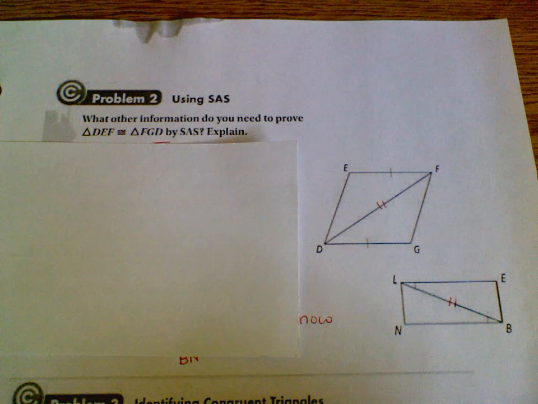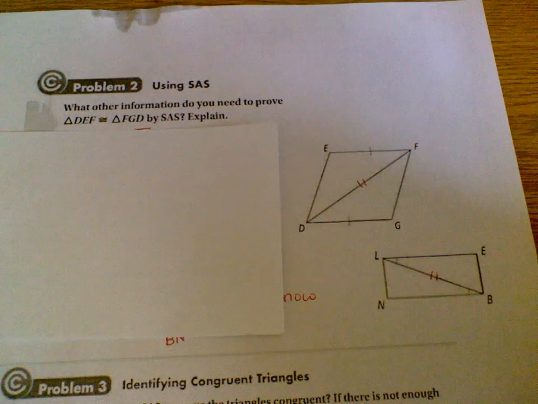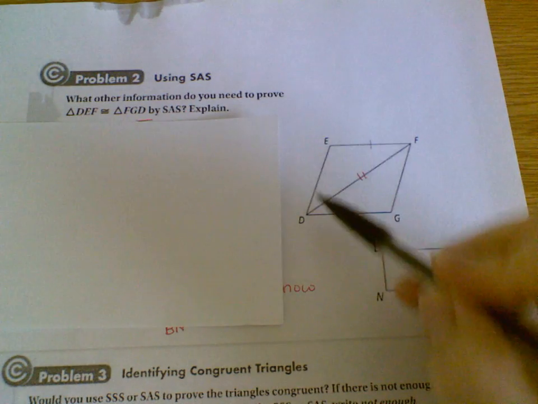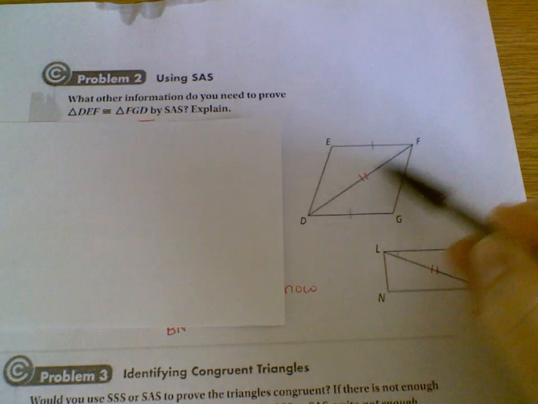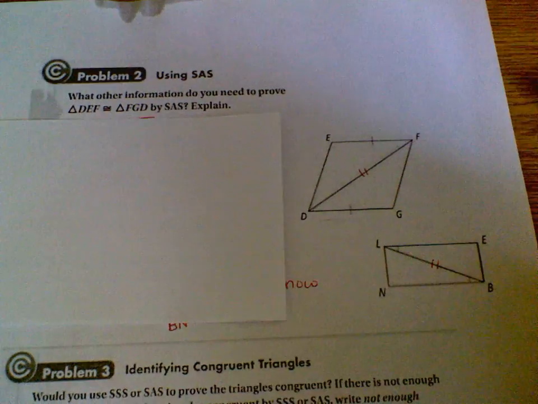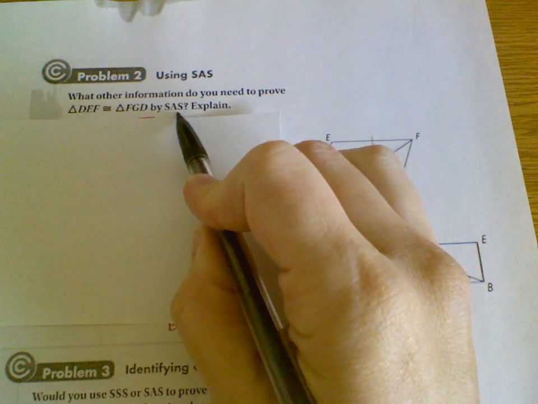So let's take a look at our next example. On my next one, it's asking what other information do you need in order to prove those triangles are congruent by side angle side? Well, right now, if I look at my picture, again I see two triangles butted next to each other. So I know that DF is congruent to itself. So I have taken care of the two sides.